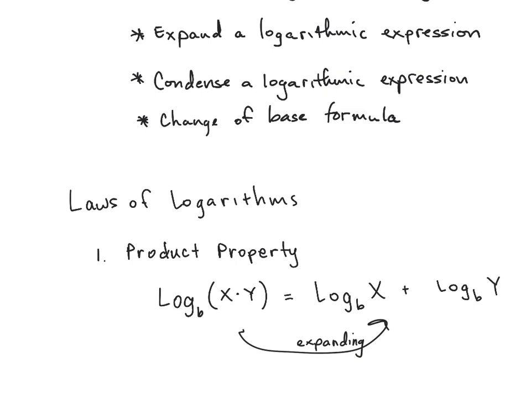If you think of this property from right to left, taking two logarithms and writing it as one, that's called condensing, which is the other part of our lesson: condensing two logarithmic expressions into a single logarithmic expression. If you have logarithms of the same base, in this case log base b, separated by a plus sign, you can condense that into one logarithmic expression, forming a product of the terms inside the logarithm. So this is called the product property.